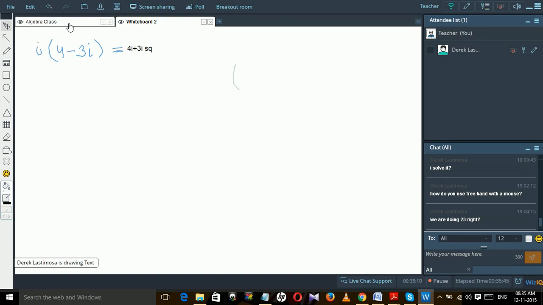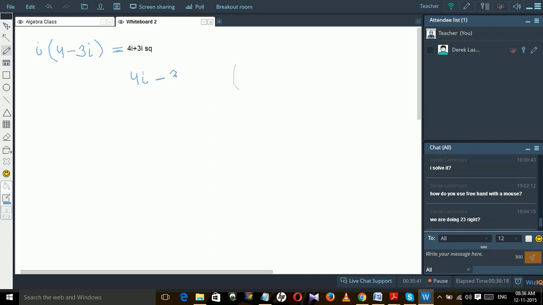Yes? 3 square. Very good. But there will be a minus sign when you are opening the bracket. Yes.